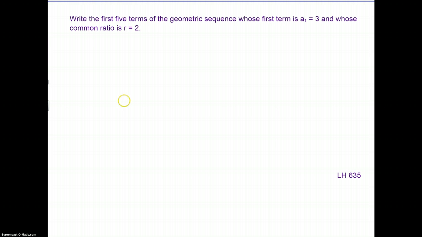So what are the first 5 terms of the geometric sequence? We know that a1 is equal to 3, and r is equal to 2. So going by our definition of the geometric sequence, a sub n equals a1 times r to the n minus 1.